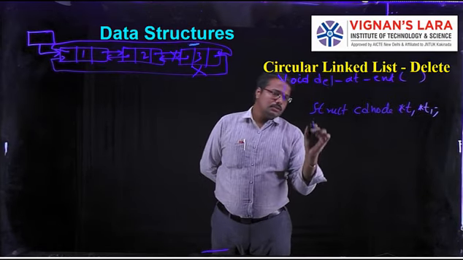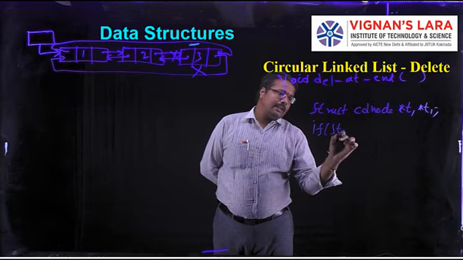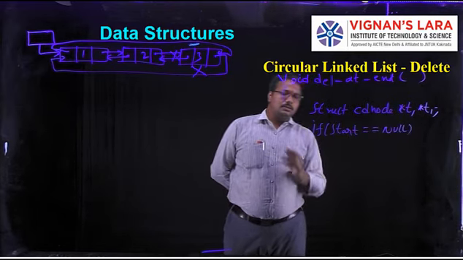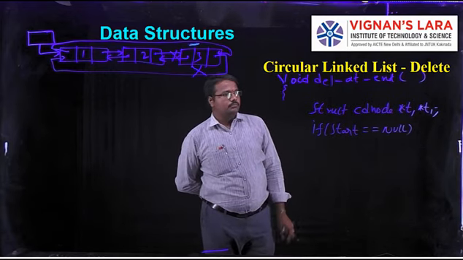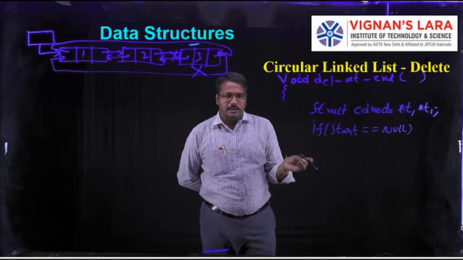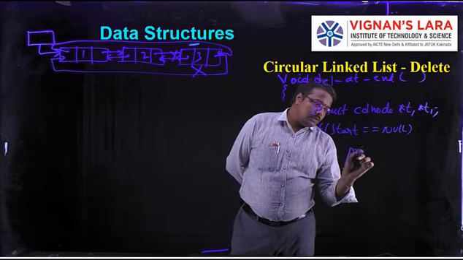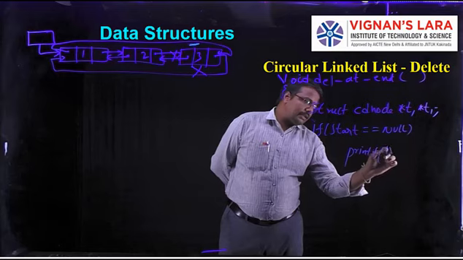First we need to check if start is equal to null. Start equal to null means maybe the circular double linked list is empty. At that time, no need to delete anything.